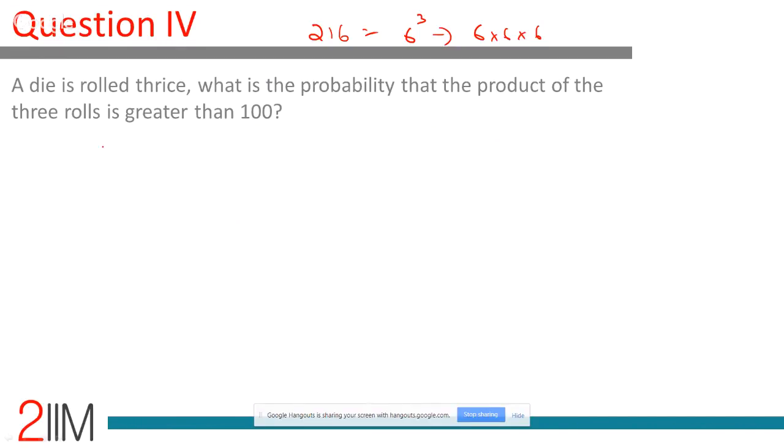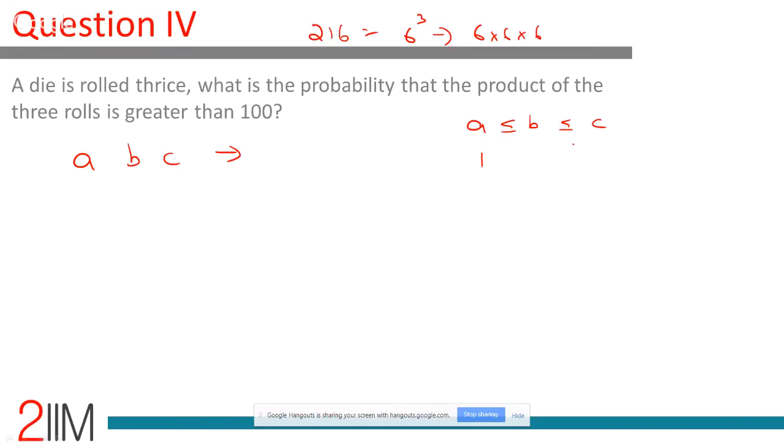Now, we have A, B, C. The product should be greater than 100. I'm not going to think of this as A in the first roll, B in the second roll, C in the third roll. These are the outcomes in the three rolls. I'm going to say A less than or equal to B less than or equal to C. Why this? So that there is a pattern to our counting. If the smallest one were 1, the product of the remaining 2 should be 100 or more.